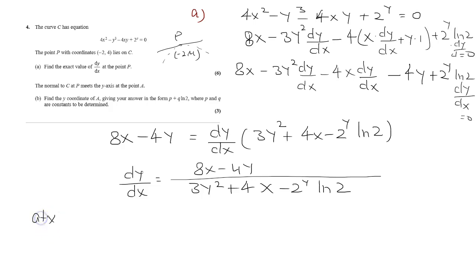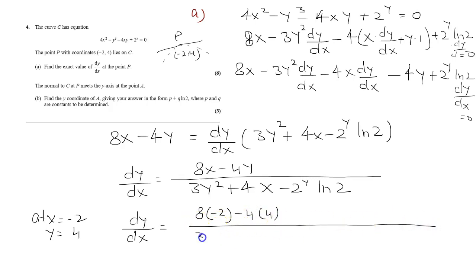So at x is equal to negative 2, we have to find here where x is negative 2. So put x is equal to negative 2 and y is equal to 4. So dy over dx is 8 multiply minus 2 minus 4 multiply 4, divided by 3 times 4 squared plus 4 times minus 2 minus 2 to the power 4 ln 2.